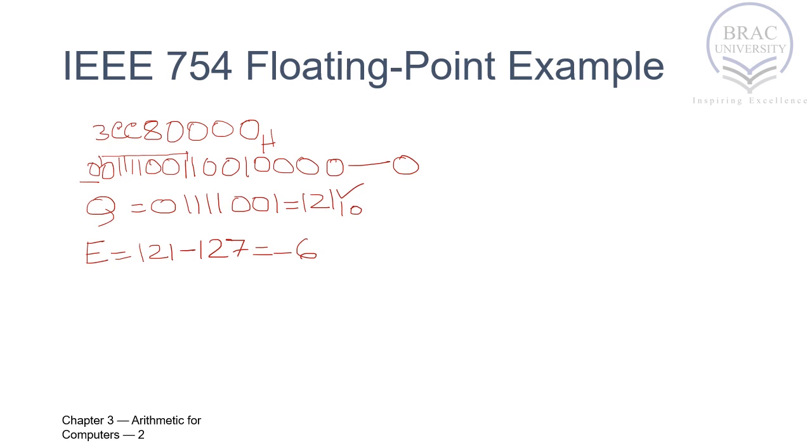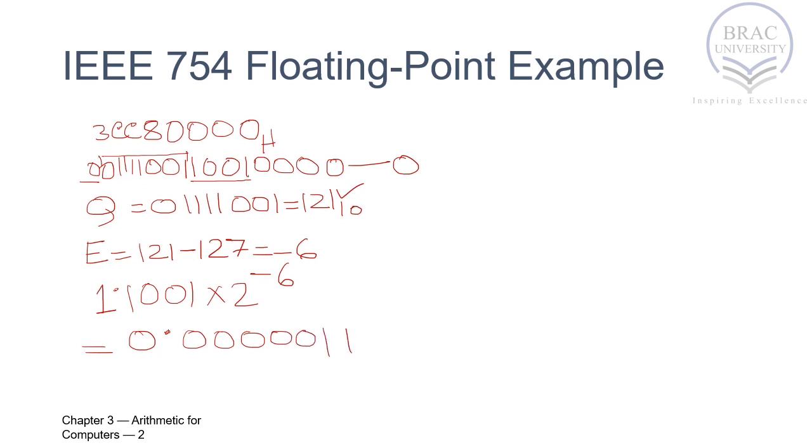So the binary representation would then be the 1 coming from the normalized form, and then we have this value, which is 1001, and then times 2 to the power -6. Now we adjust the decimal point, so this will be 1 2 3 4 5 6, 1001.